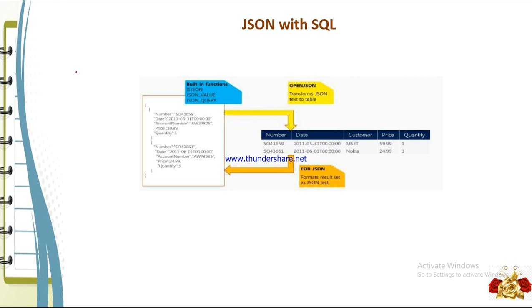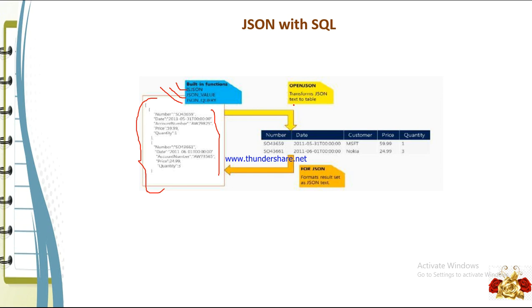We explain it with a diagrammatic representation. Here there are a number of built-in functions that I already explained, JSON_VALUE and JSON_QUERY. Having some input text values like number, date, account number, price, now we are going to open them using OPENJSON and send them to display.